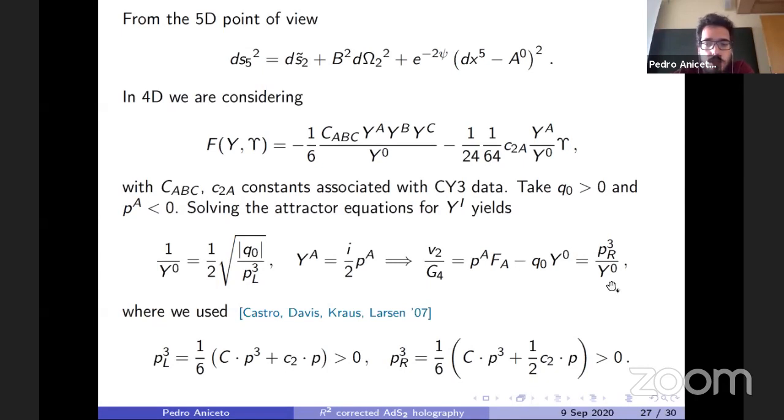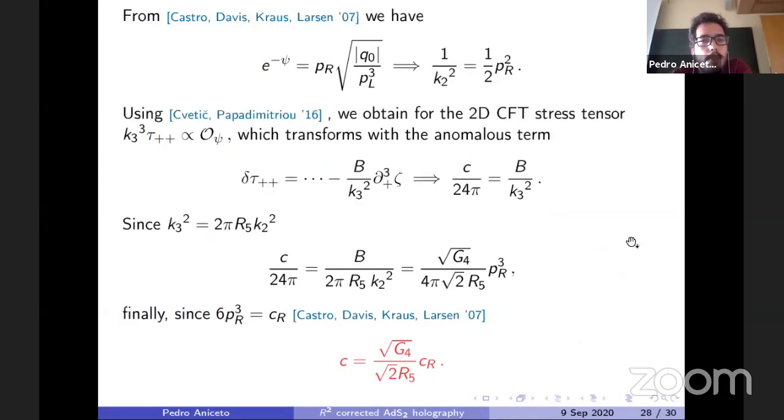And so doing all of this, we end up obtaining the following value for the dilaton in 2 dimensions, and we can then rewrite the 2-dimensional CFT stress energy tensor, meaning the 2-dimensional CFT that comes from AdS3, in terms of the anomalous operator that we had obtained for the dilaton.